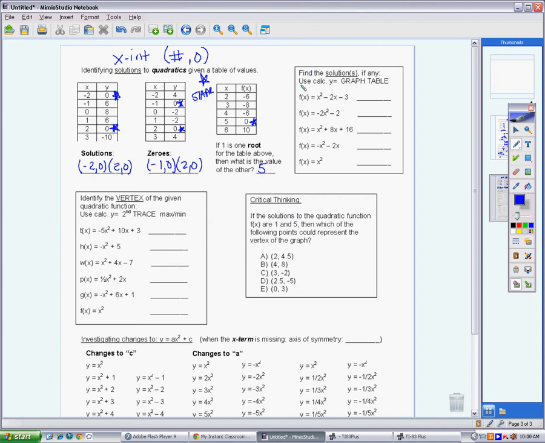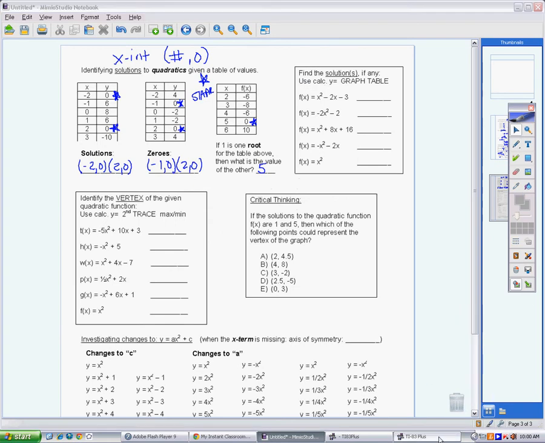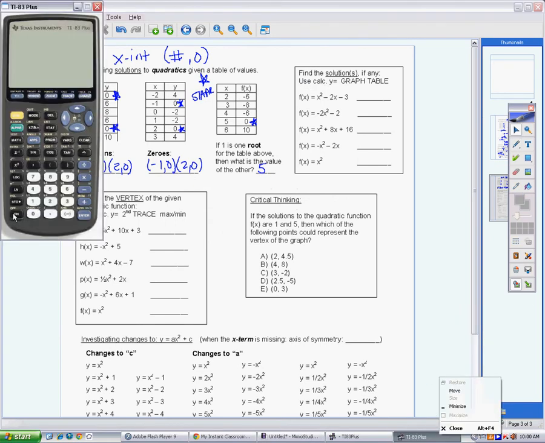Okay, so find solutions, if any. Use the calculator. Yes, we definitely want to use the calculator. So what we're going to do is I'm going to come over here and go to y equals, and I'm going to type in x squared minus 2x minus 3. And then I'm going to hit graph. Now either you can look at the graph or you can look at the table.